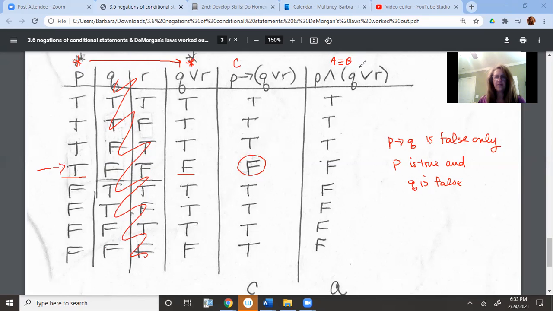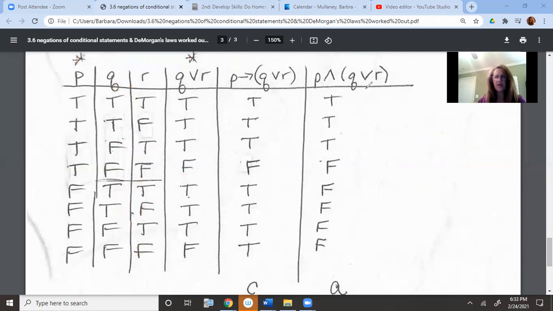And the last column is P and Q or R. So I'm going to clear out all my drawings again, and I'm going to star those columns. So I've got my P, and I've got my Q or R. It's the same two columns, but this time instead of an arrow, we're talking about the and statement.